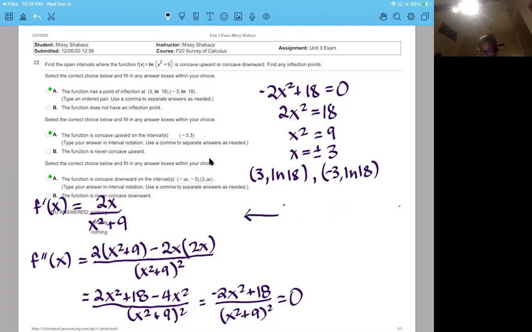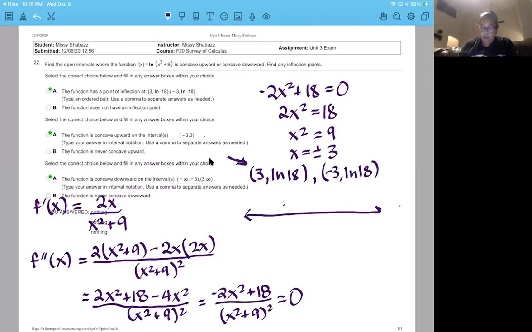Now they want to know where it's concave up and concave down. I'm going to put my two possible points of inflection. Really, I shouldn't say those are my points of inflection yet because I should check that it changes concavity. Let's put negative 3 and positive 3 on my number line. Notice the denominator is always going to be positive. If I plug in something less than negative 3, say negative 4, I'm going to get 16 times negative 2, which is negative.